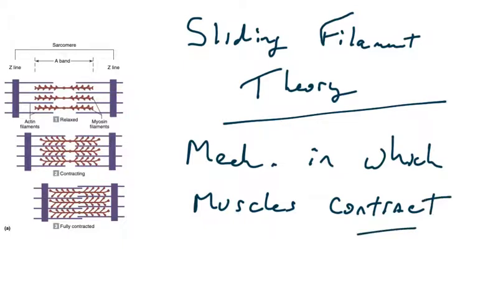What we're saying under the sliding filament theory is that thin and thick filaments slide past each other to make the actual sarcomere itself smaller.